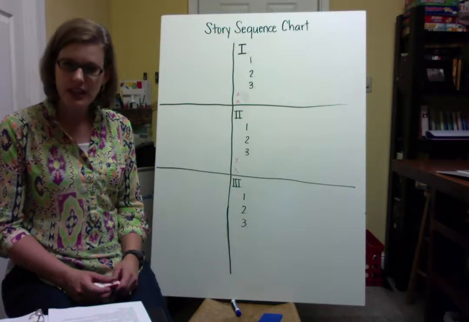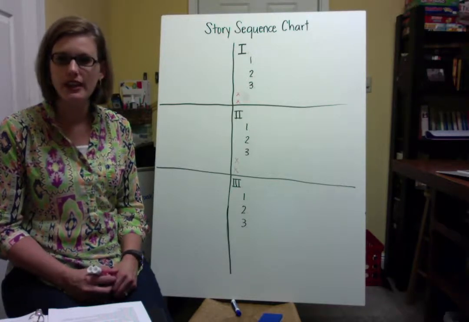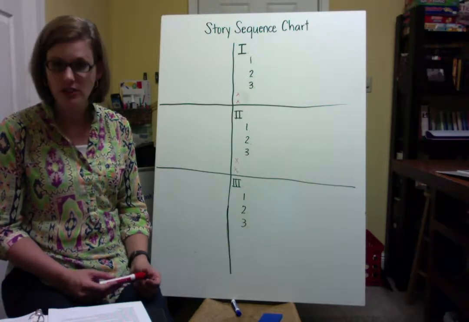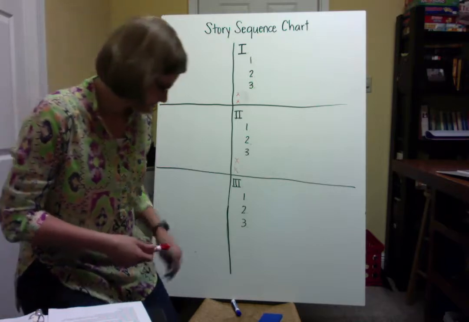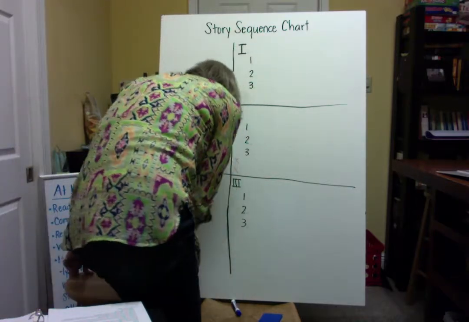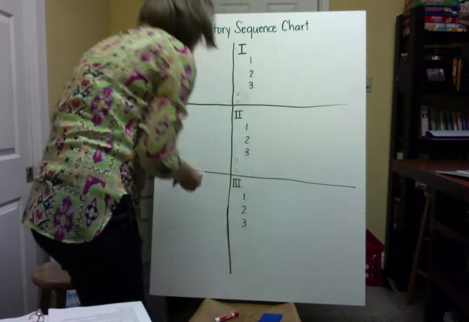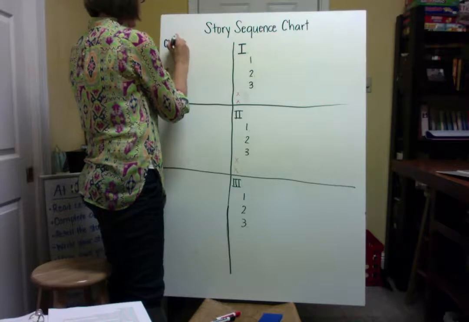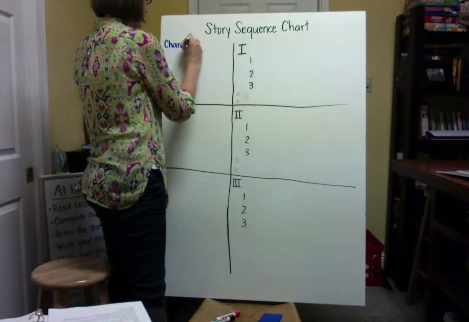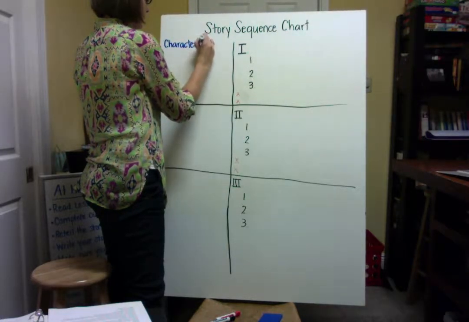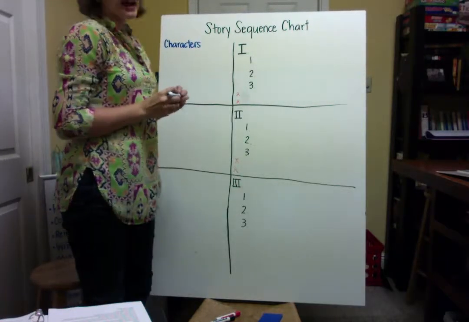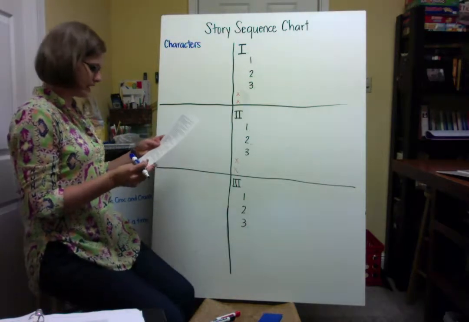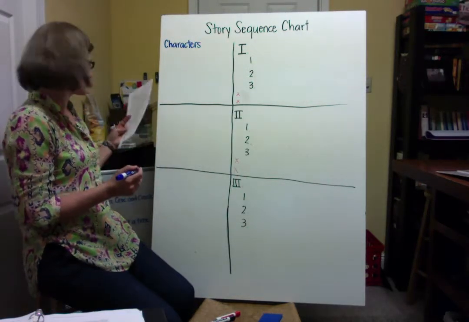So, the first thing that you usually hear about in a story is what? Well, we usually hear about characters. And what else do we normally hear about in our story besides the characters?